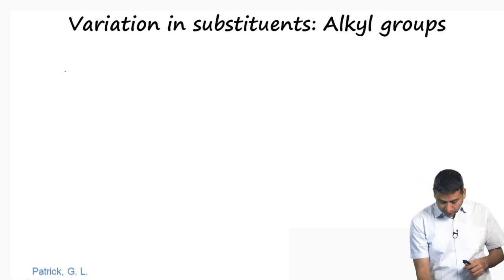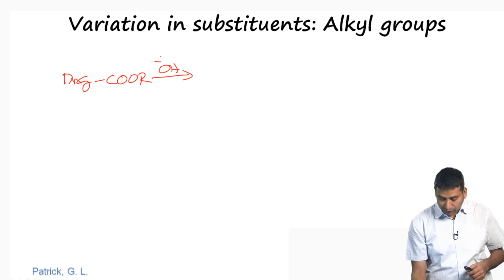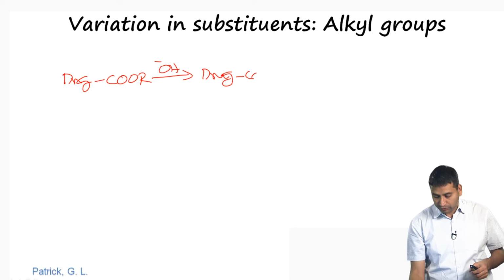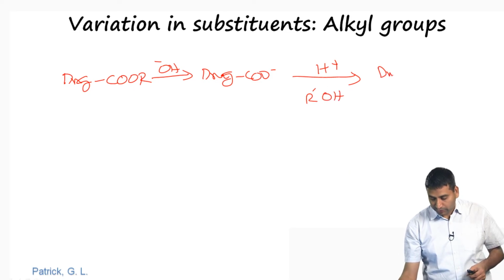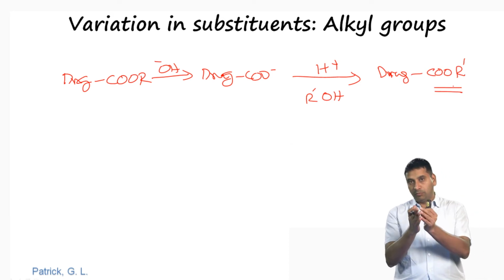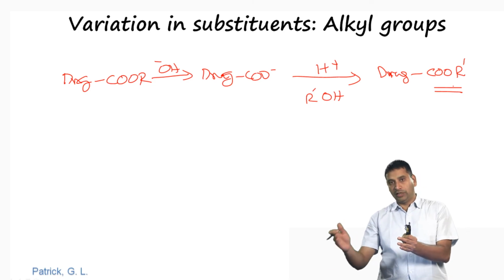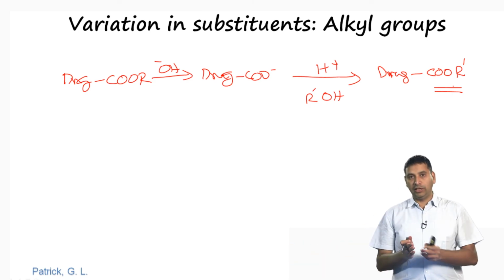So, the way we would do this is, let us say a drug has an ester, you would first hydrolyze off the ester, you would use some base. So, you will get drug CO minus, which then can subsequently be esterified perhaps under acidic conditions with an R prime, and you get COO R prime. So, in doing so we can systematically increase the chain length of the ester.